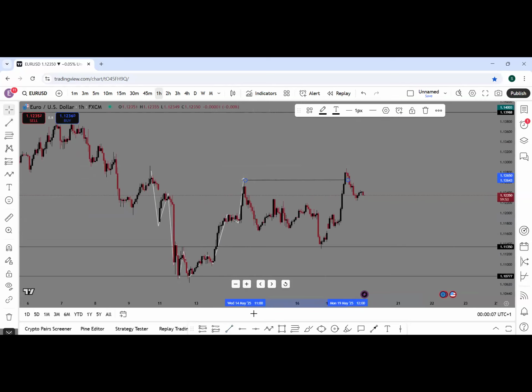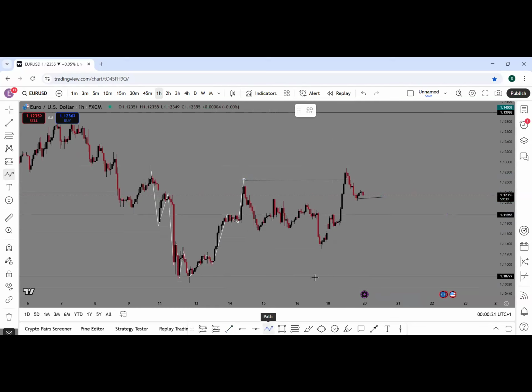This should be the inducement now forming. After the inducement, there should be a possible POI to continue the buy, for price to come back again. So you see where you picked your POI now.